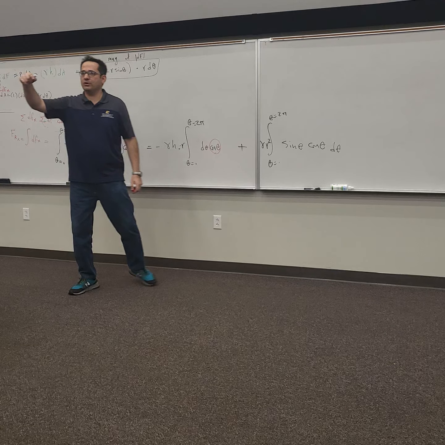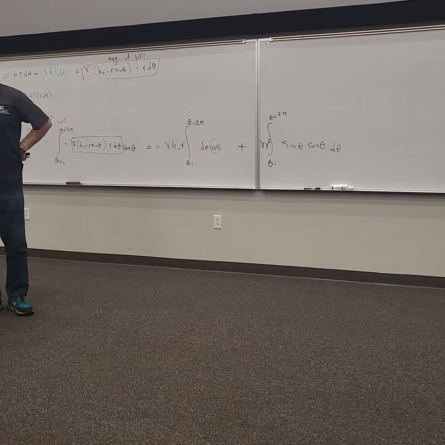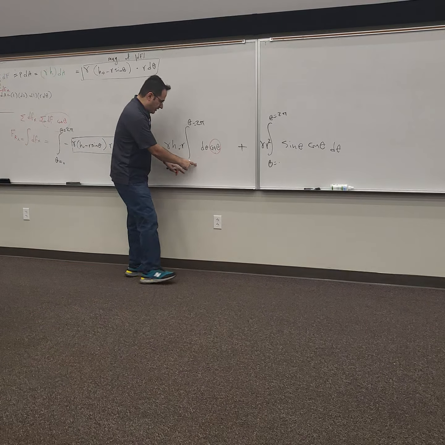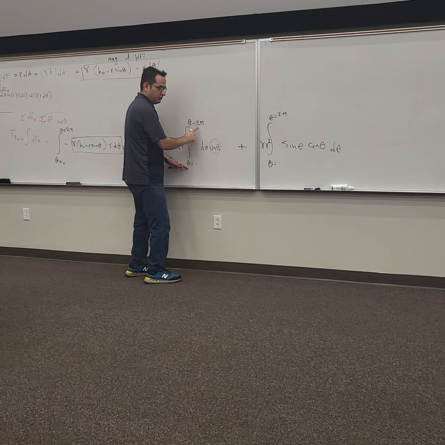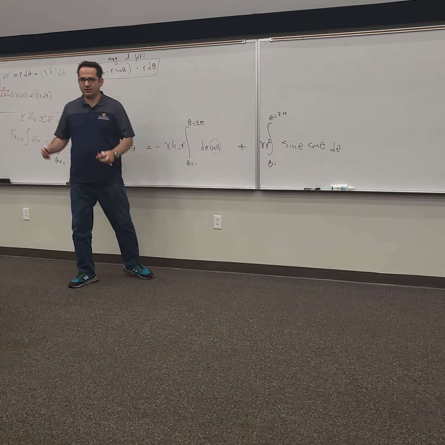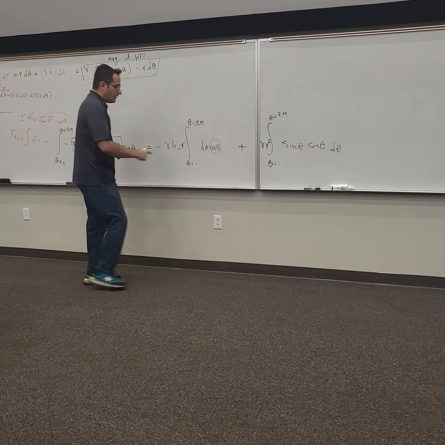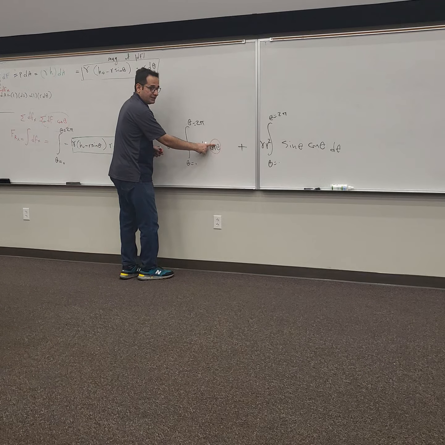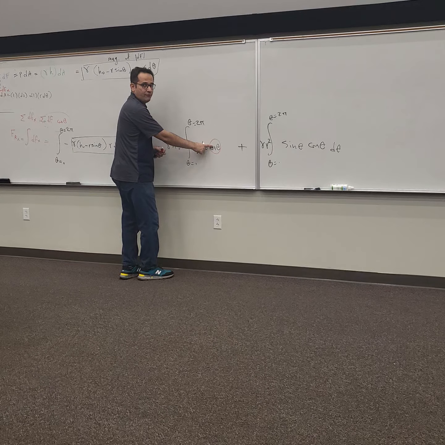I got a question from another student after the class: if you put 0 and 2 pi, cosine 2 pi minus cosine 0, well, this is not the antiderivative. You remember basic calculus? You gotta find a function that if you take the derivative, you get cosine theta. What's the antiderivative of cosine theta? Sine.